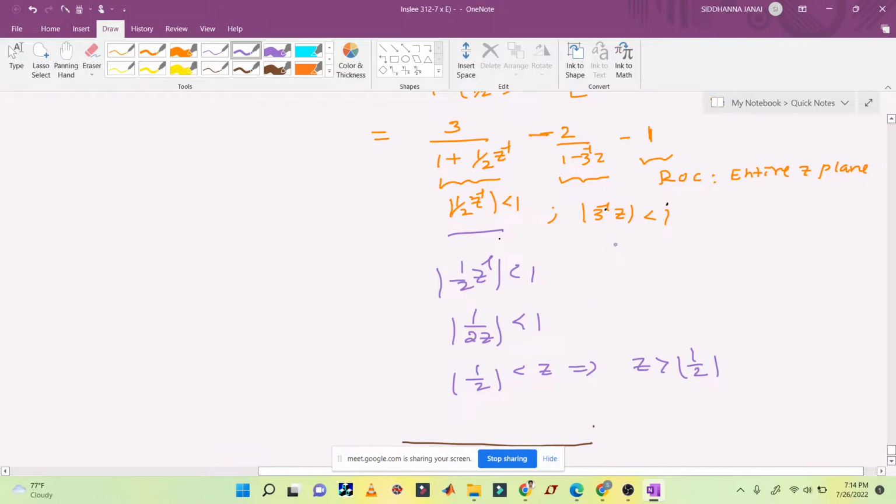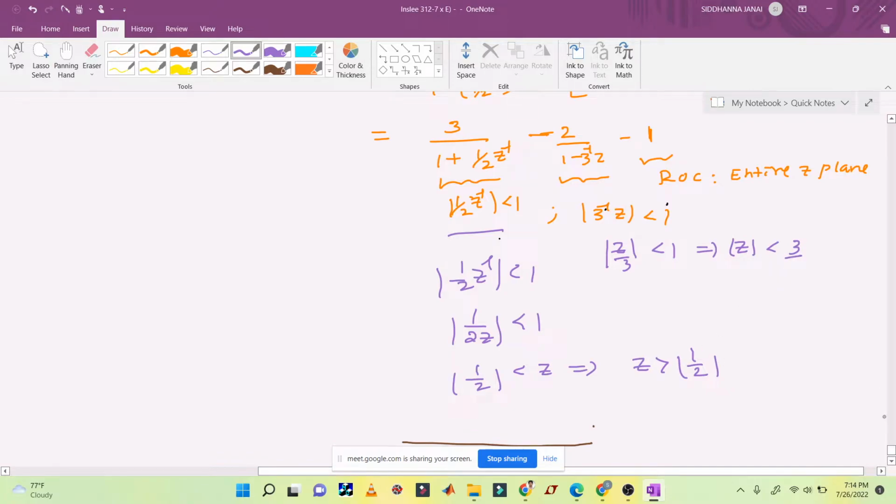Similarly here z by 3 is less than 1. This implies magnitude of z is less than 3. So z is greater than 1 by 2, less than 3.